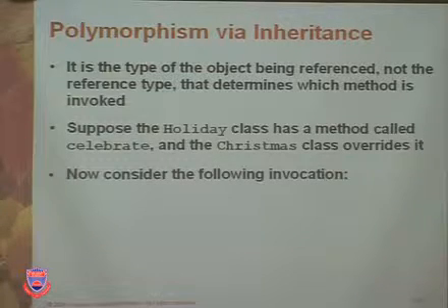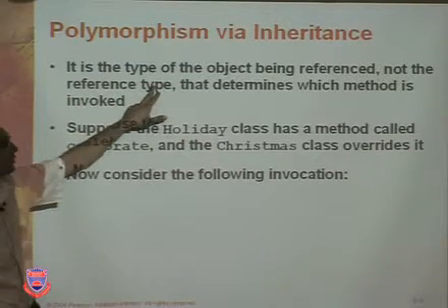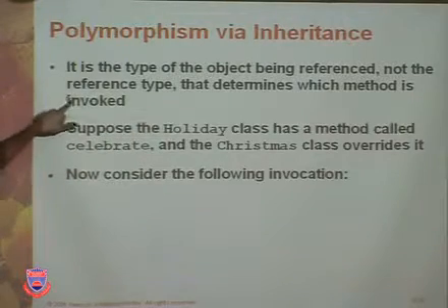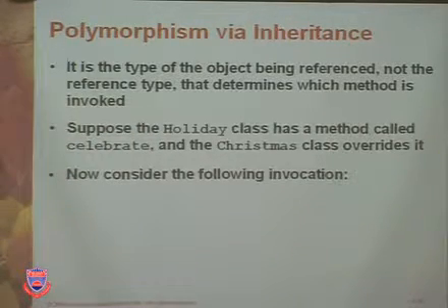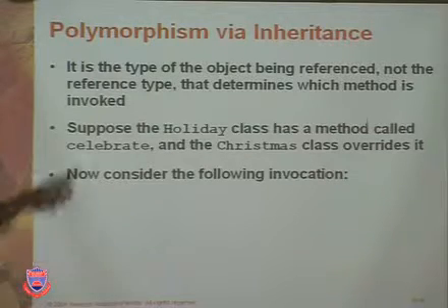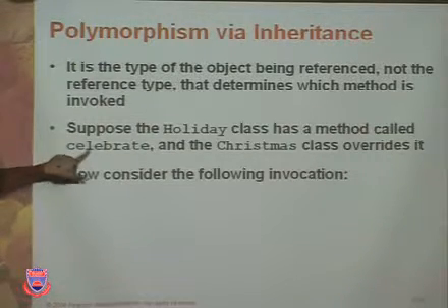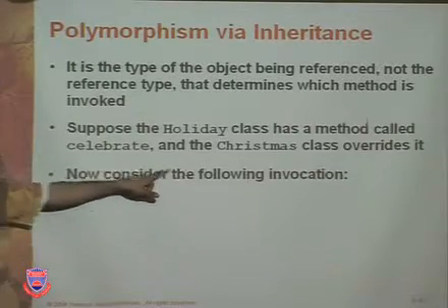So this is explaining the same thing. It is the type of the object being referenced, not the reference type. So the initial declaration is not important, but what it refers to at the moment is what you care about. And suppose the holiday class has a method called celebrate, and the Christmas class overrides it.